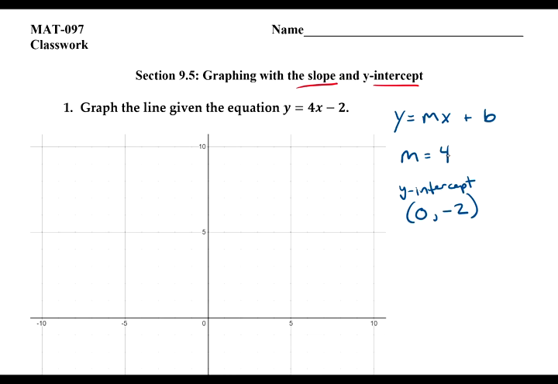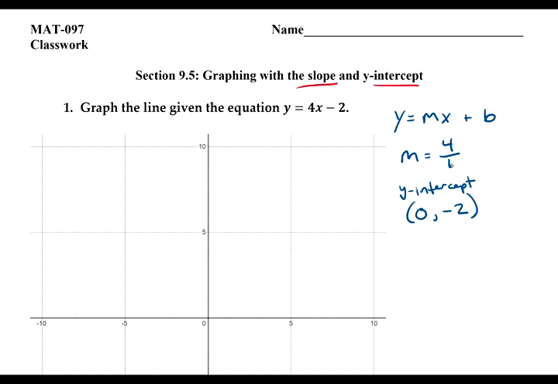And since we think about slope as a ratio or as a fraction, let's look at that 4 as a fraction, 4 over 1. Okay, so we know the slope and we know the y-intercept.